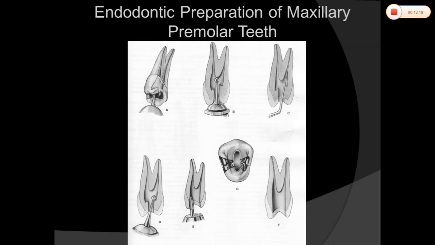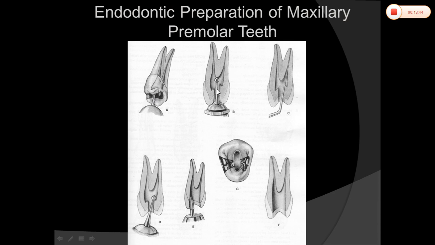So we are going to see the premolar teeth. Here, the access cavity entry is through the occlusal part. You must always find the one canal out of the two. The bur should be along the long axis of the tooth.